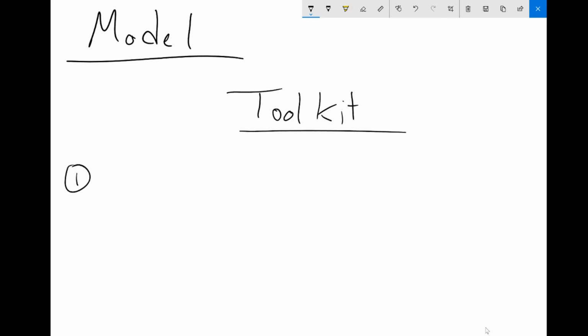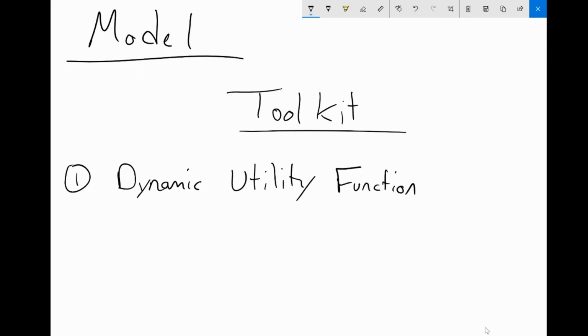All right, the first concept is I want to explain what I might call an intertemporal or a dynamic utility function. Okay, so this is kind of the first thing that we need to include here. So let's go into it.